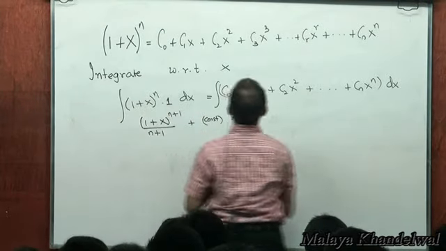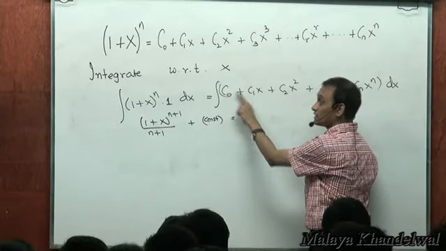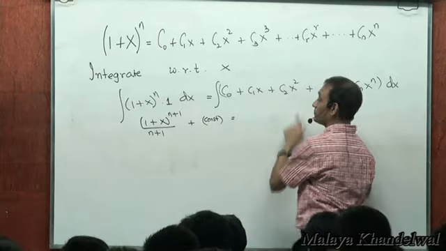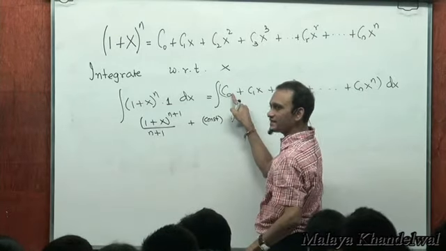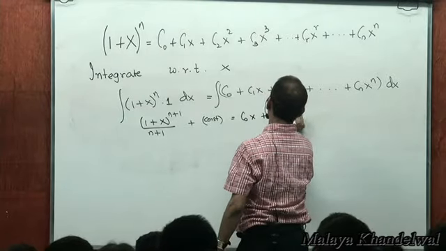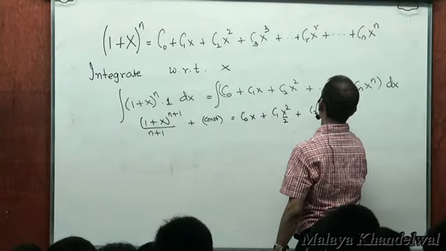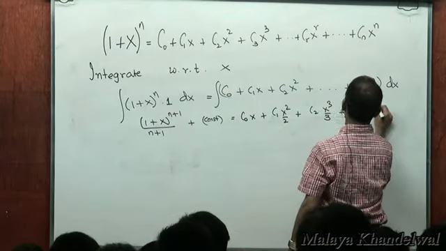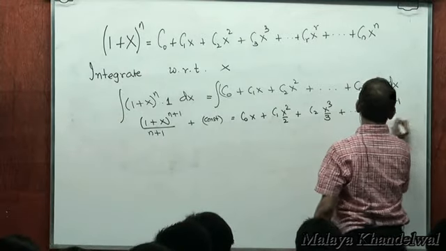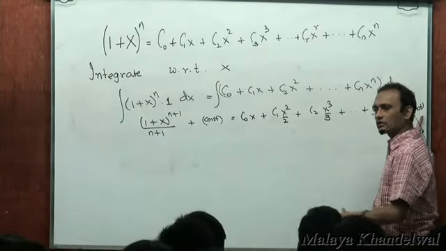Now, when I integrate the right hand side, I get c naught x plus c1x squared by 2 plus c2x cubed by 3, and so on, plus a constant coming from all of them, one single constant.